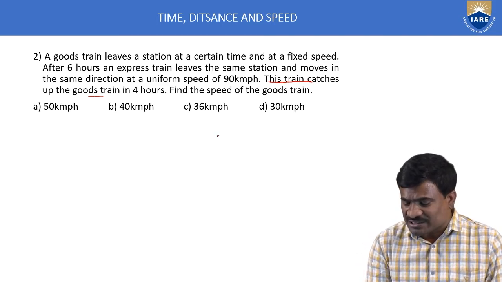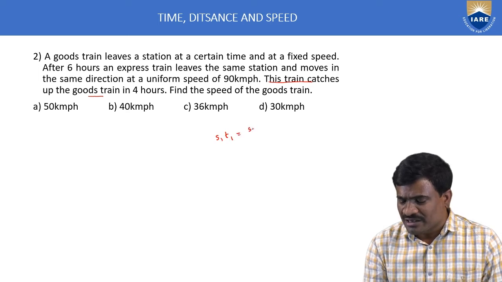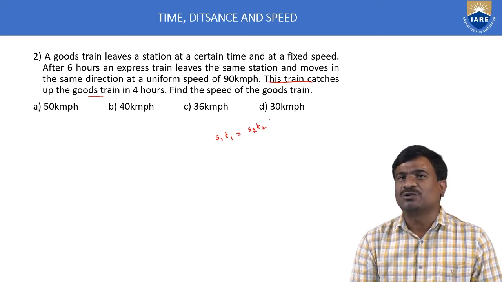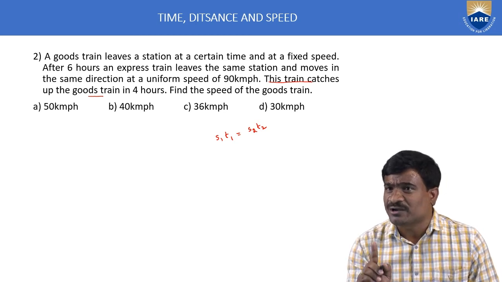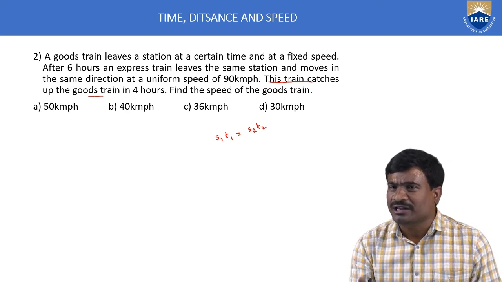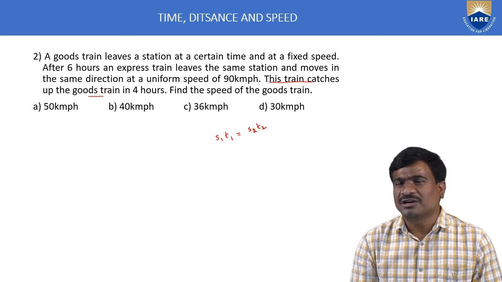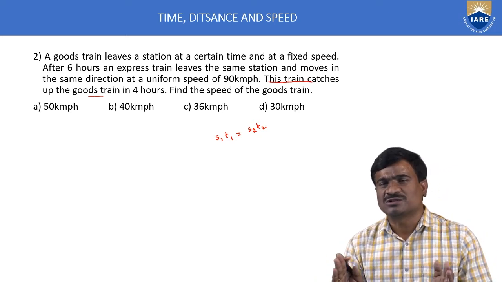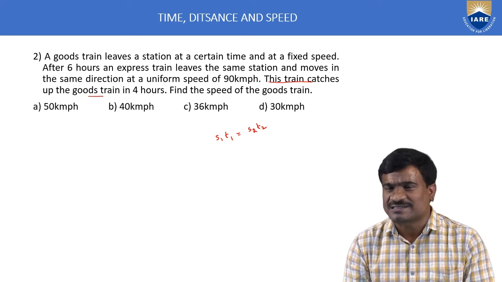When distance is constant, the relation between speed and time is S1 T1 is equal to S2 T2. Where S1 is the speed of the goods train, which you have to calculate. T1 is the total time taken by the goods train. But initially, the time gap between the goods train and the express train is equal to 6 hours.